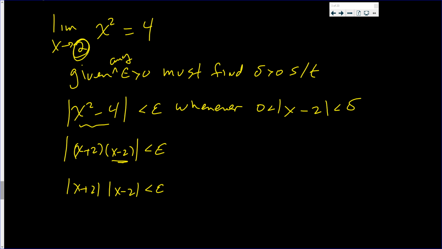Now, I can't divide by this, because, I could, I absolutely could, as long as x is not negative 2. Oh, how convenient. x will never be negative 2. The problem is then I would get the absolute value of x minus 2 is less than this.